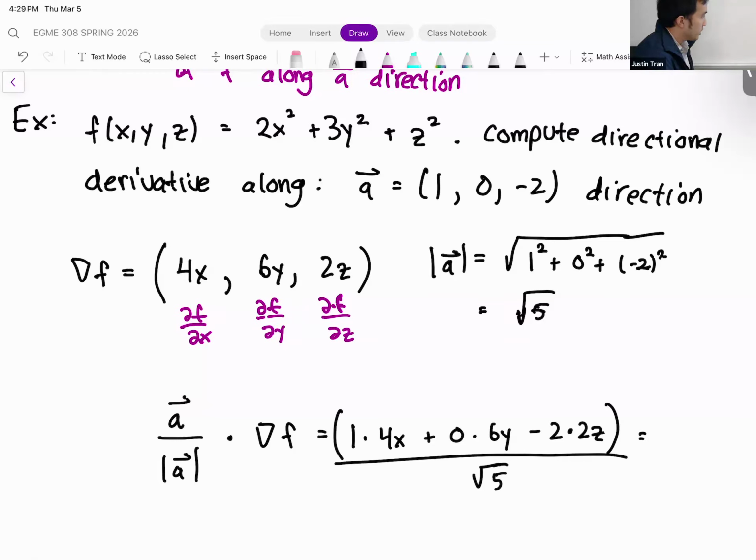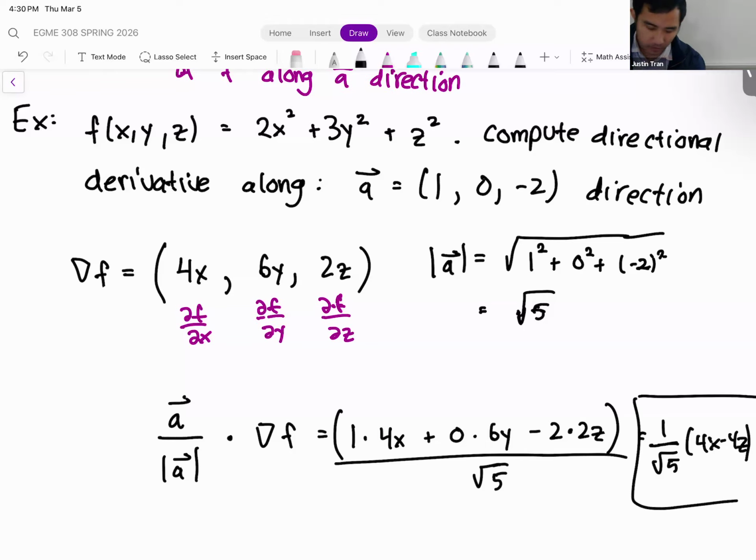All right, so we just do the simple arithmetic here. We get 4x minus 4z divided by root 5. And that is our directional derivative for this fairly simple case.